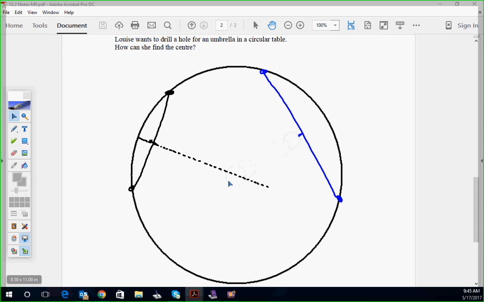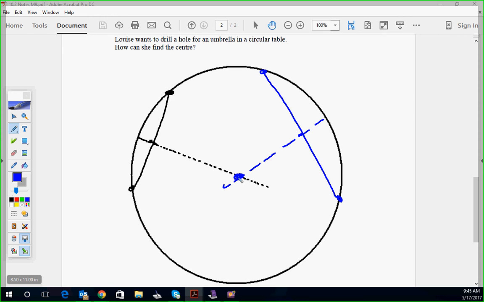Oh, that didn't work. Shadow's in the way. Roughly, if you have a ruler and actually do the measurement, it almost looks like the picture's off. Doesn't even look like a real circle, but roughly that would be the center by definition.